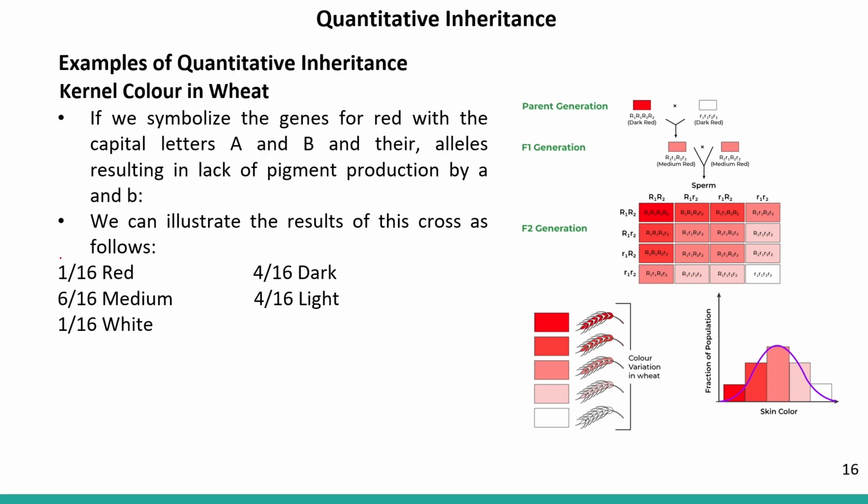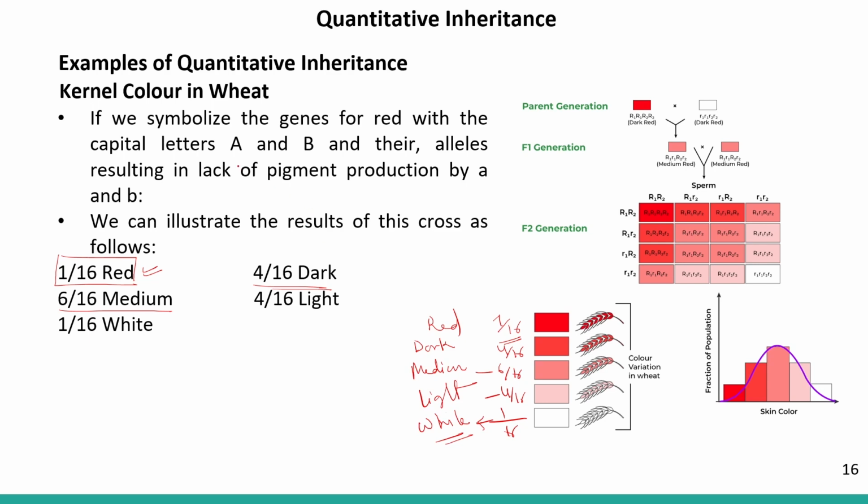So we can see here 1/16, that is the red, 4/16, that is the dark, 6/16, that is the medium, 4/16, that is the light, and 1/16, that is the white.